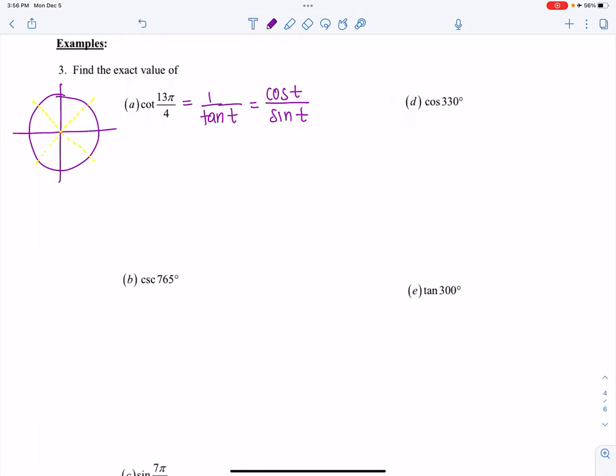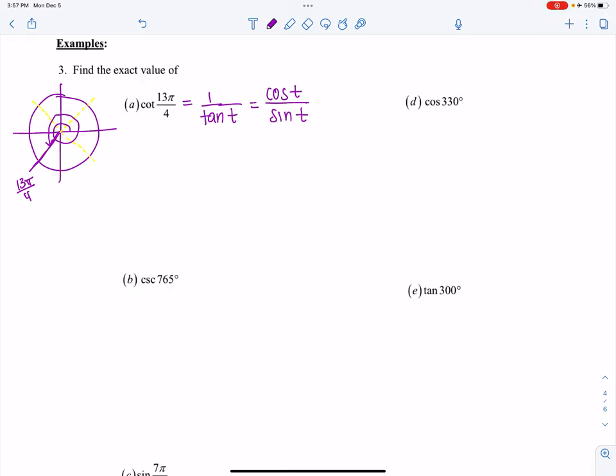So if I was having difficulty picturing where 13 pi over 4 is, I would just count passing 13 of them. I would go around and around and around and end up here, actually. That gives us 13 pi over 4. This is our angle that we're looking at.